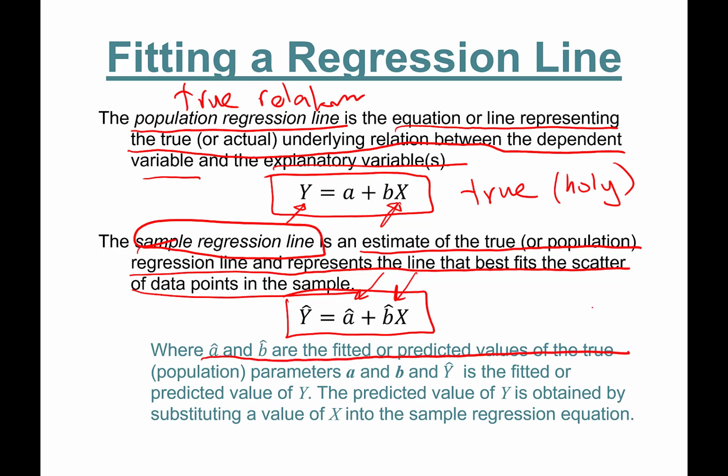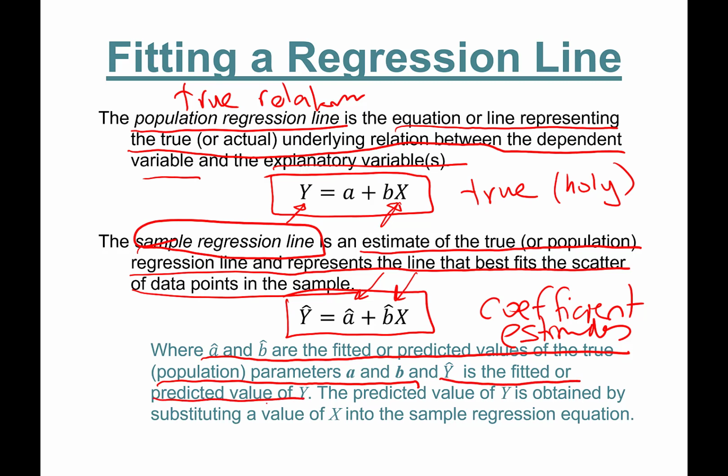We also call them coefficient estimates of the true population parameters a and b, and y hat is the fitted or predicted value of y. Okay, the predicted value of y is obtained by substituting the value of x into the sample regression equation.